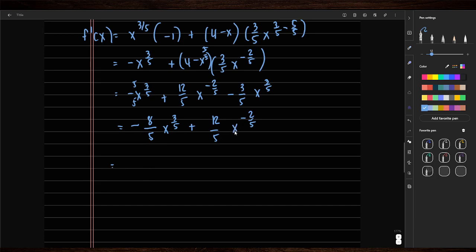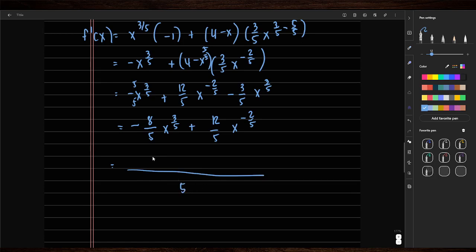So this is negative 8 and this is 5. This is still 3/5, let's just give it one fraction.